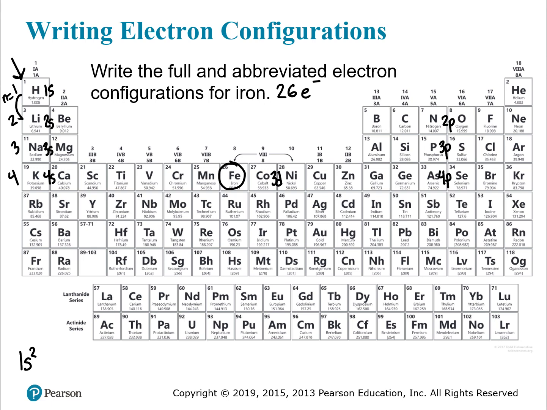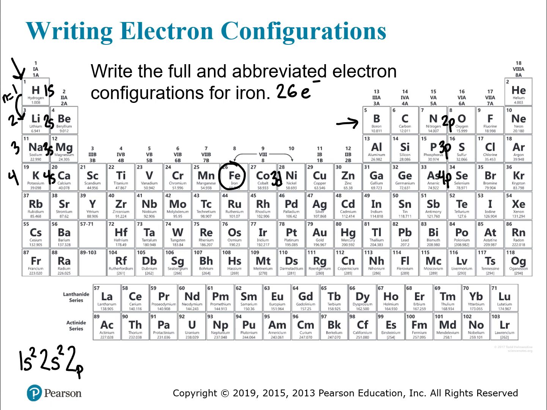Now I'm ready to move on to the second row, because all there is in n equals 1 is 1s. In the second period, we've got the 2s and the 2p. The 2s is lower in energy, so we're going to fill that first. And just like the s sublevel in n equals 1, it can only hold 2 electrons. Then we scoot across to the p block.